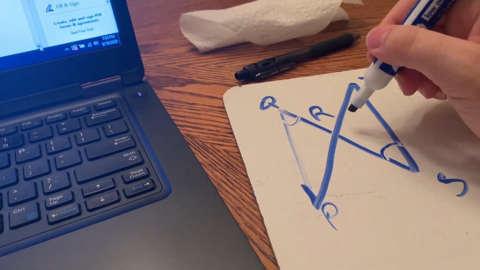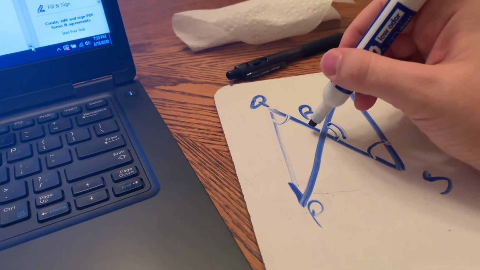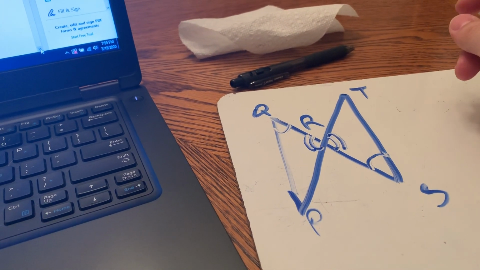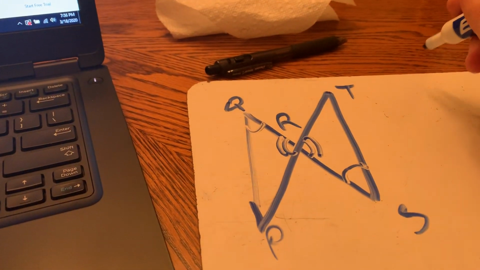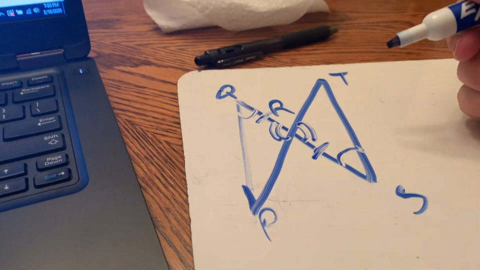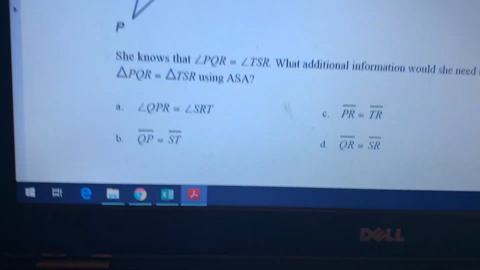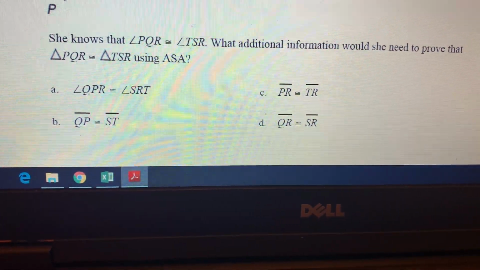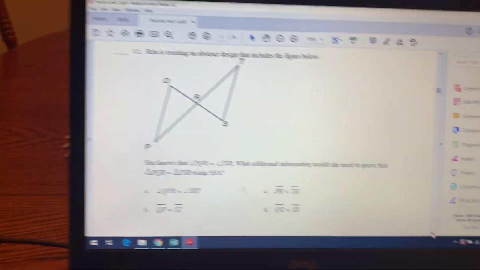I know these two angles are congruent because they're vertical angles. So there's my two angles, and I need angle, side, angle. So again, that's going to be the side in between, which is going to be QR and RS, or SR, so D. So number 12 is D.